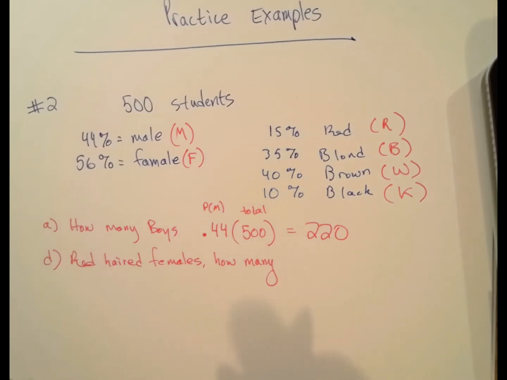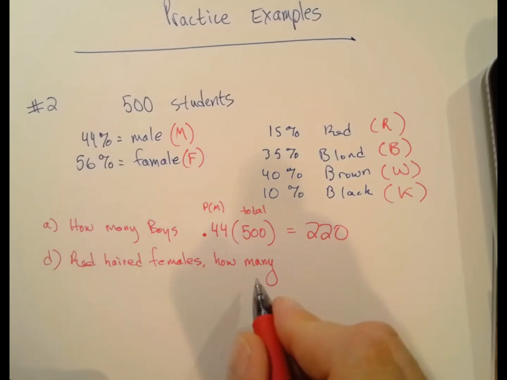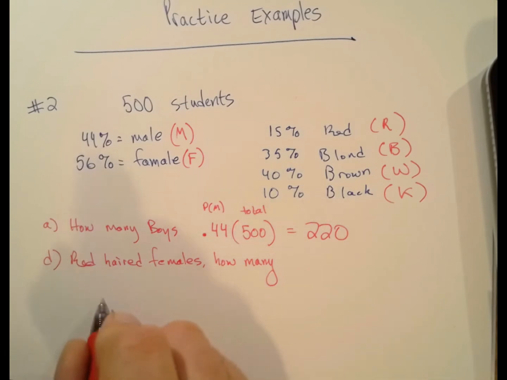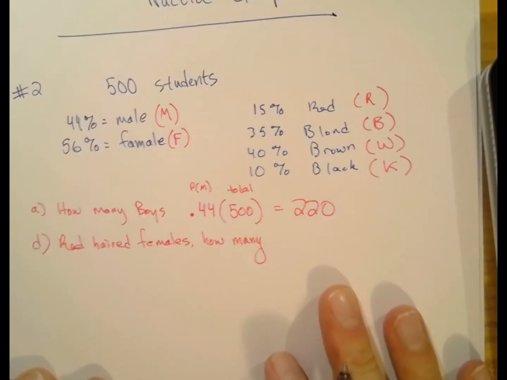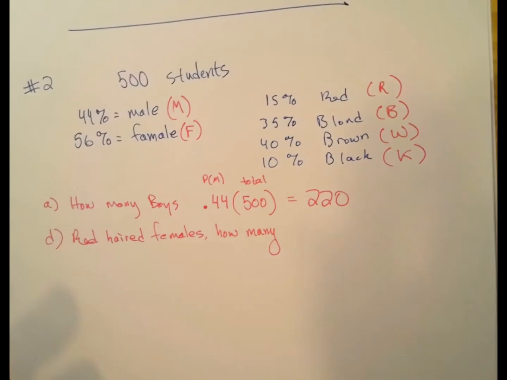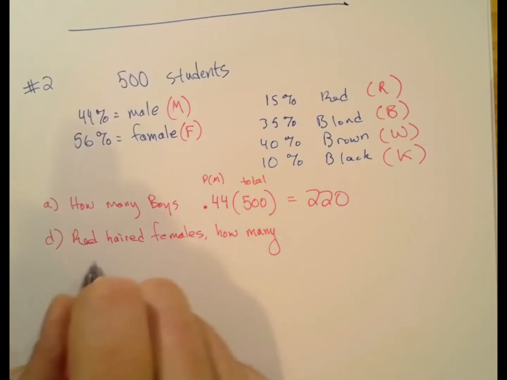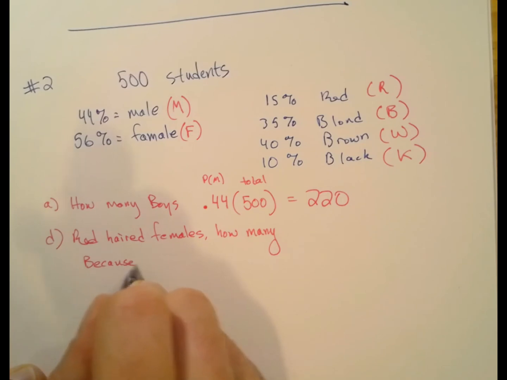Now, we're told that the probabilities are independent, so we can use the rule about independent probabilities where we multiply the individuals.